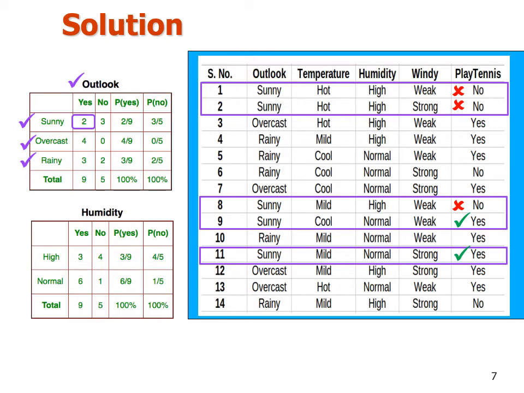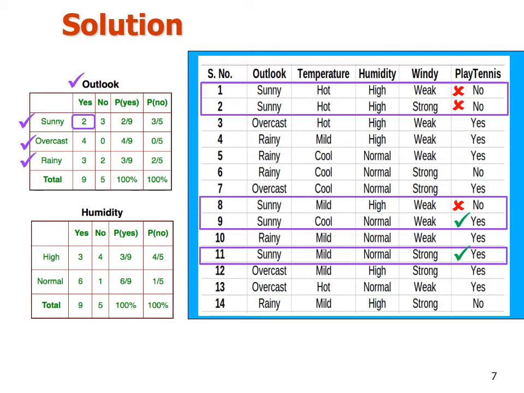So probability of yes is 2 divided by 9. Similarly, probability of no is 3 divided by 5. So total no instances are 5 and out of sunny instances we are having 3 sunny instances for which the value of play tennis is no. So probability of no for sunny is 3 divided by 5.